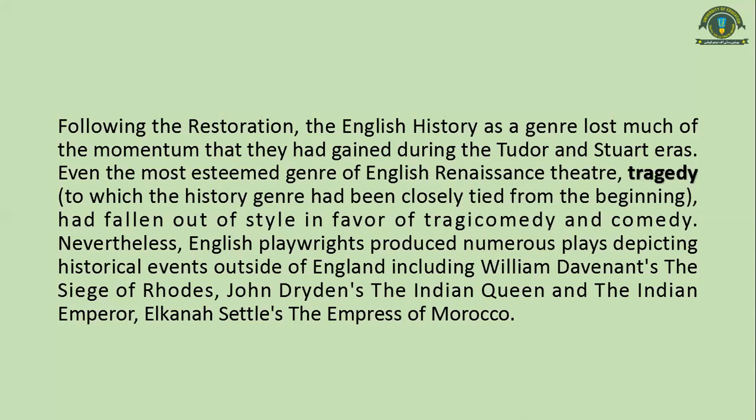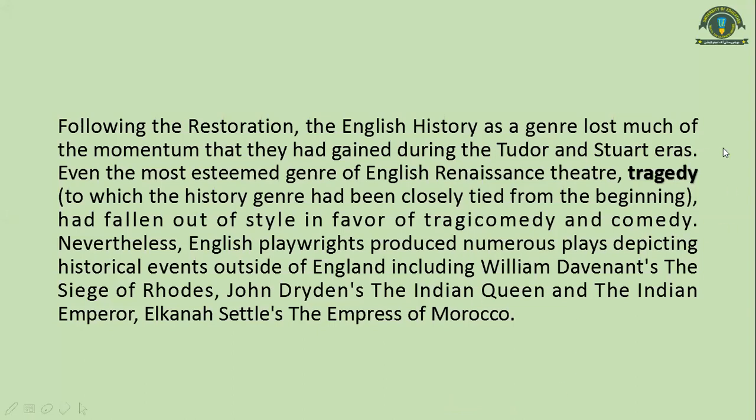So here, as some examples are mentioned, which show that although the playwrights continued producing plays which had some link to historical events, still the genre which was very popular earlier, the genre of tragedy, was actually replaced by the genre of tragi-comedy and comedy.